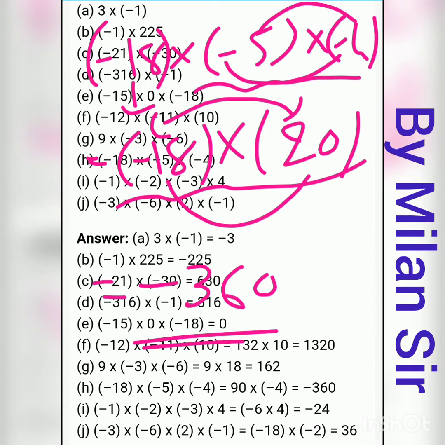So our final answer is minus 360. Here again I'm telling you, we do not need to see the big number's sign. Right now our big number is positive, yet our answer is negative. We just directly follow the rules.